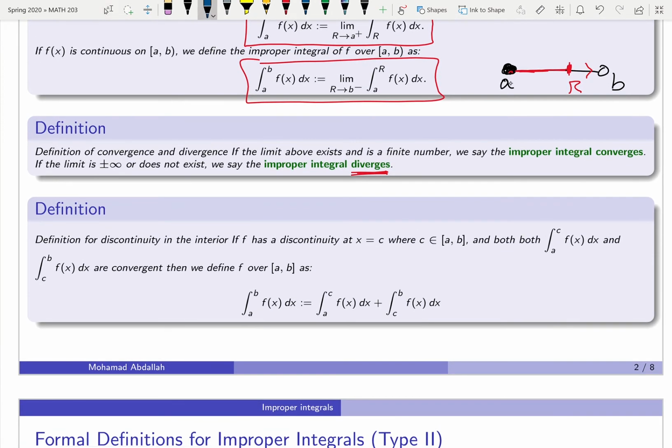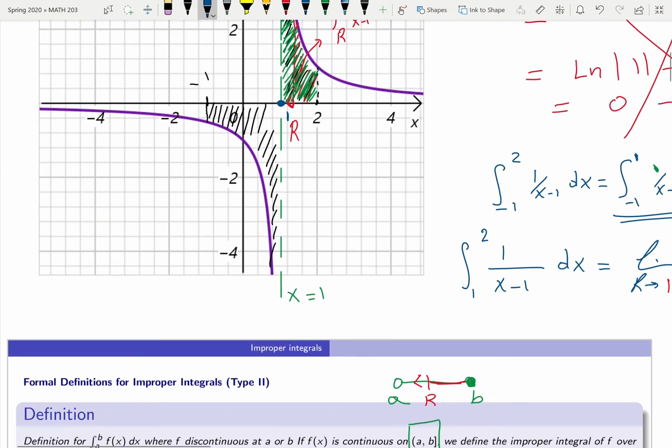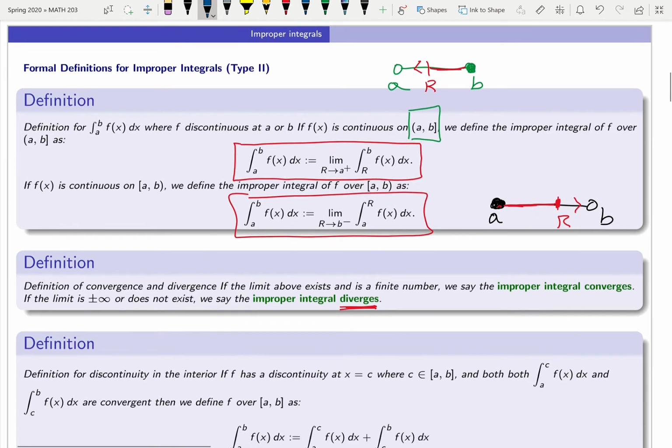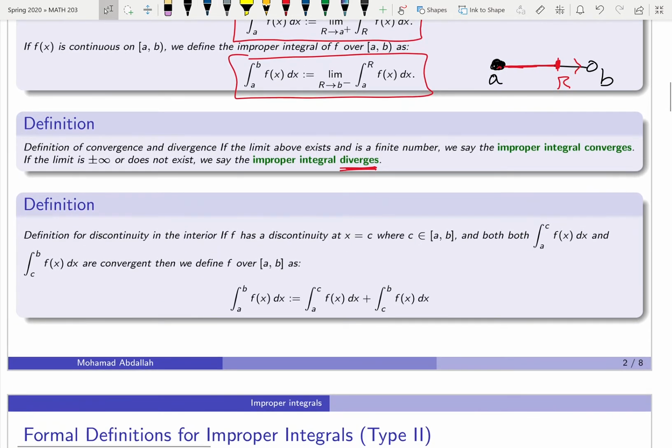Now, if you want to compute the integral from a to b, and let's say the function is discontinuous at a point c inside, like the example I just did at the beginning, where I was trying to compute it over the interval from -1 to 2 and it was discontinuous at 1, what do we do in this case? We split the integral, like I did in the example.